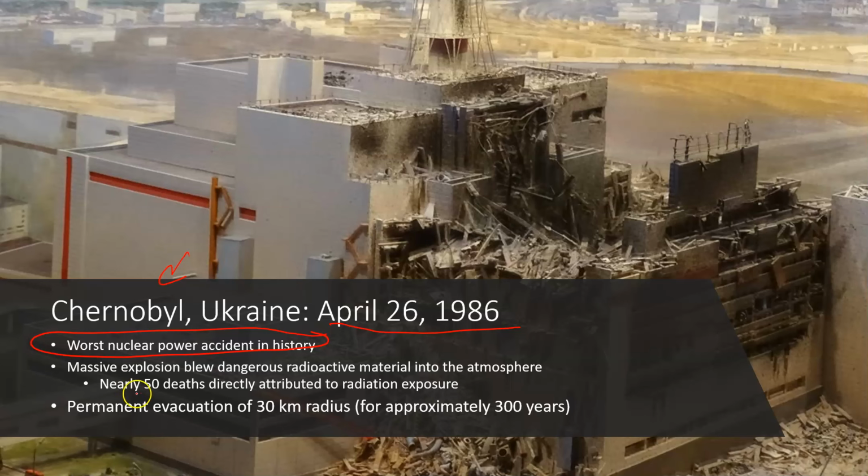And there were nearly 50 deaths directly attributed to radiation exposure, although the number of cancer cases, like thyroid cancer, for example, and leukemia, are really hard to point directly back to this. But I think it could be in the neighborhood of 100,000 people potentially if we associate many of those cancer cases with this particular accident. This resulted in essentially a permanent evacuation of a 30-kilometer radius for at least 300 years.